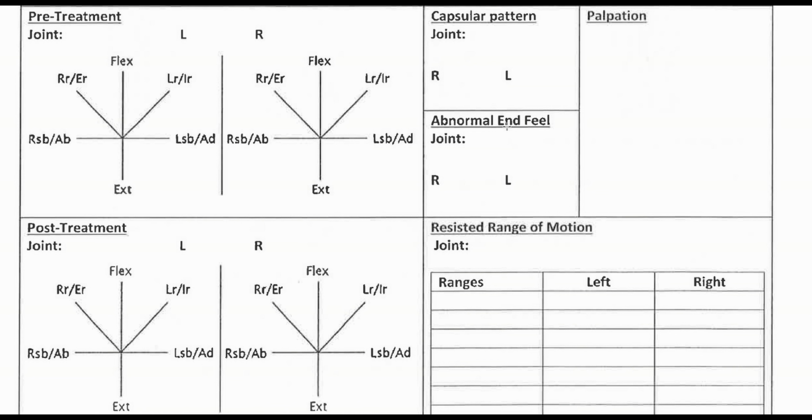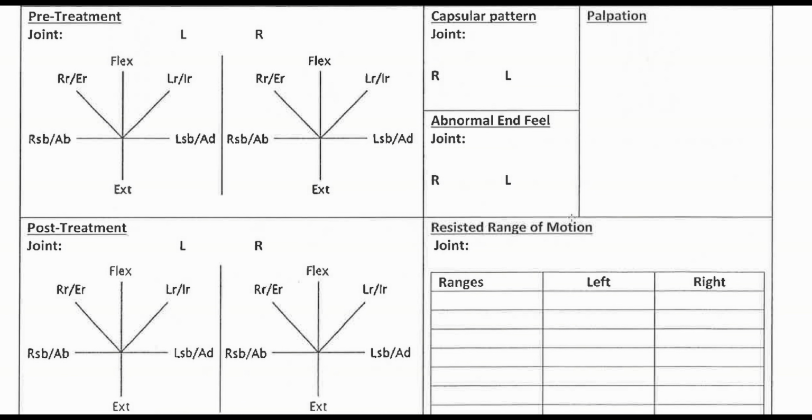That means that it's abnormal end feel, because normal end feel would have to be really reaching to the max of that particular range. So in this case you couldn't, so it would be abnormal end feel, left abduction, shoulder, left abduction, and tissue stretch.